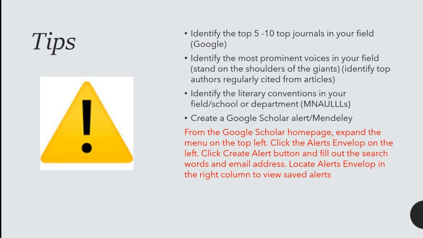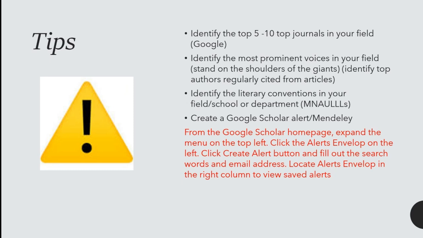You can also identify the literature conventions in your field, your school, or your department. Some departments have manuals that guide the students. Not all do, but if it is available, please make use of that as well.